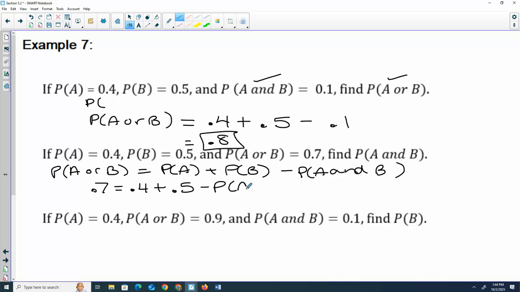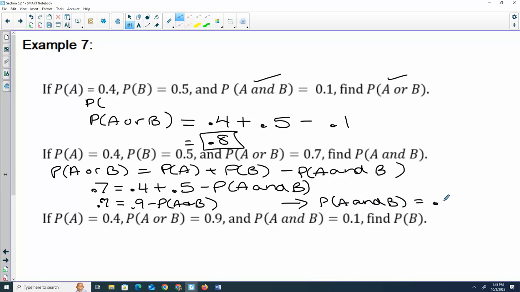Minus, I'm trying to find the probability of A and B. So solve this like any other equation. What would you do? So that would be a negative 0.2 divided by the negative. Probability of A and B is 0.2.